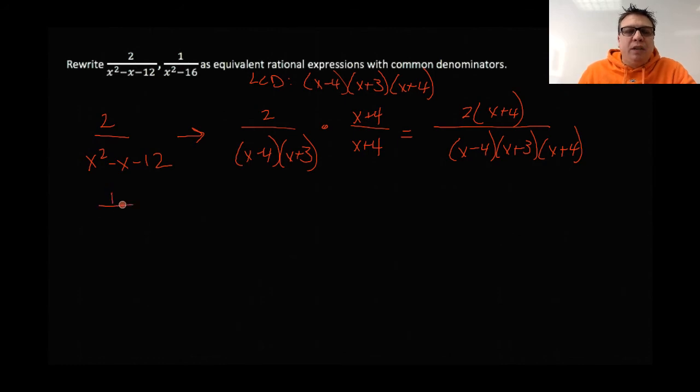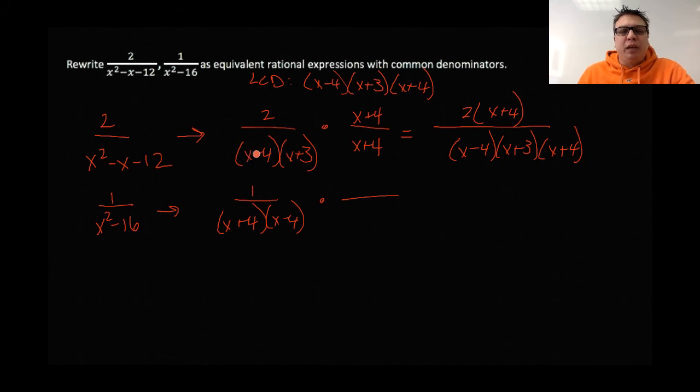Then I've got 1 divided by x squared minus 16. So now we remember that's going to be 1 divided by x plus 4, x minus 4. And I'm going to have to multiply that by the factor that we don't have. So what's the factor in this one that we don't have in this one? And that's the same thing we did here when we were looking at it.